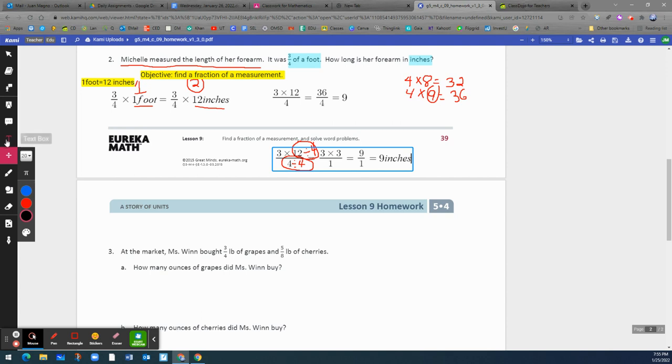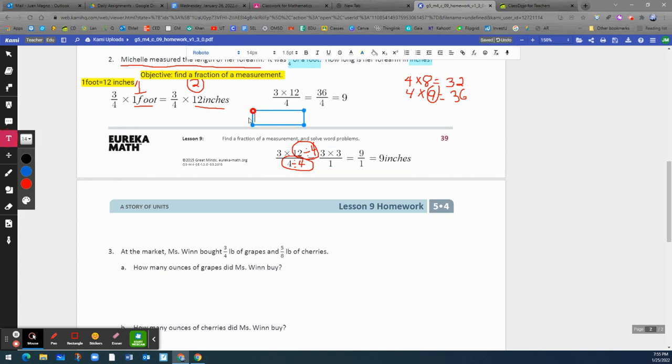In this case, you will write a statement that says Michelle's forearm measures 9 inches, which is the same as 3/4 of a foot. And my friends, that's how you solve this problem.